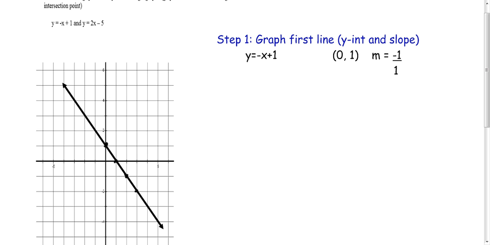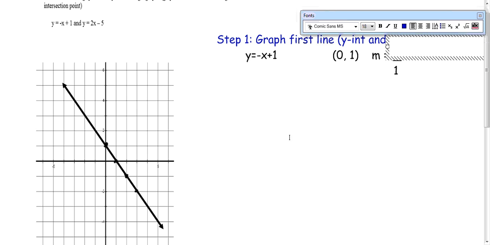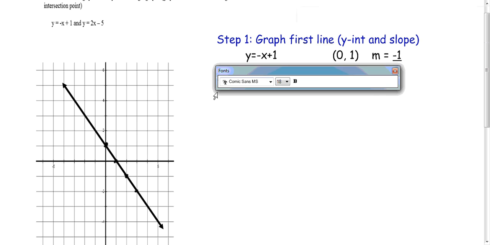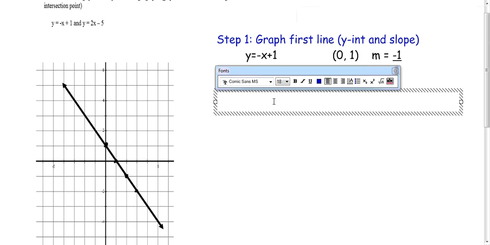And then for step 2, you can graph the second line. And again, y-intercept and slope. Very helpful.